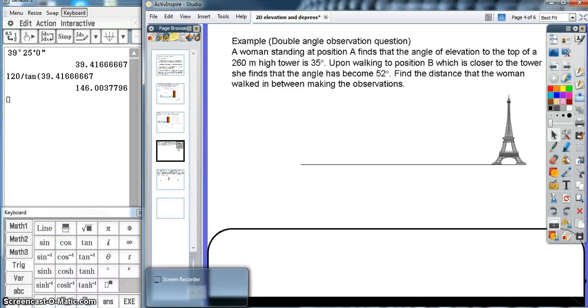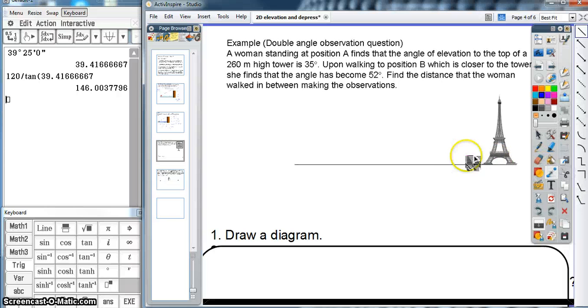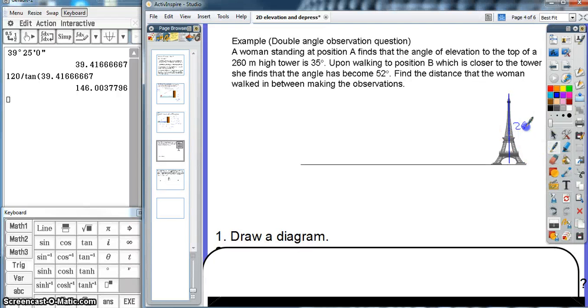Okay, so first thing that you should do with any sort of problem like this in trig is to draw a diagram. So we've got our horizontal here, and we've got the tower here. We should add a few more bits and pieces in. So first of all, we know that the tower is 260 meters there.